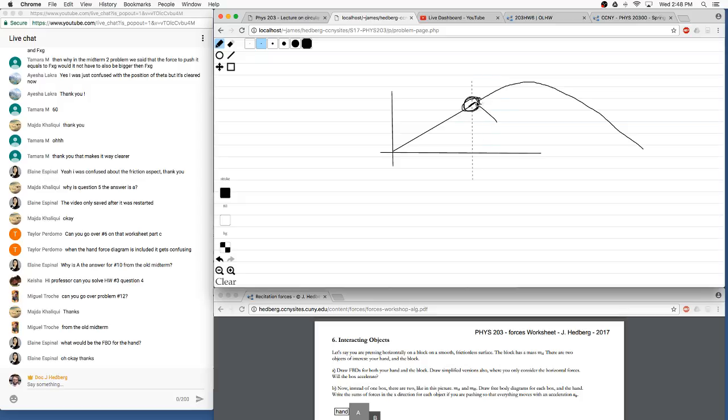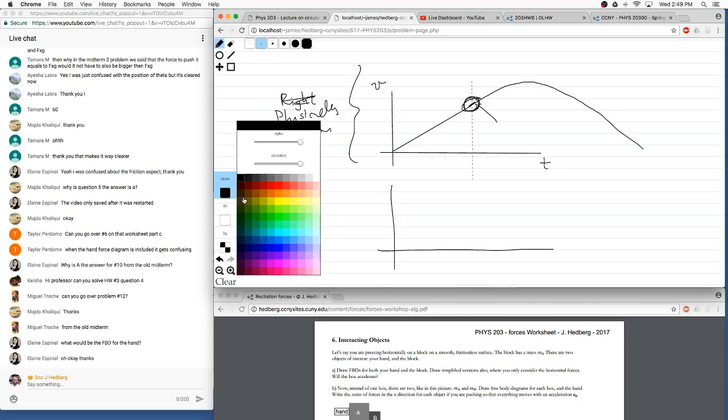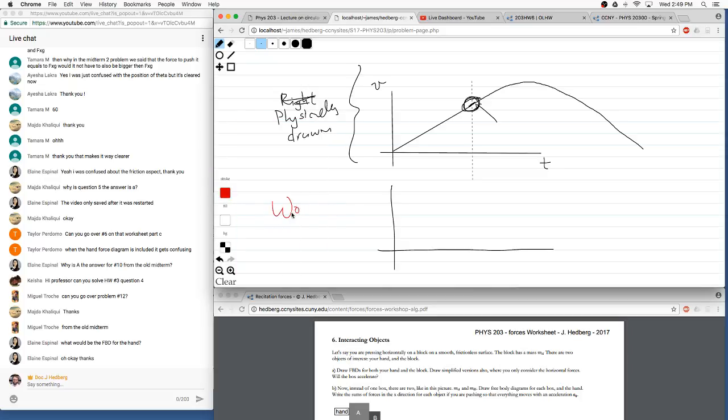If it didn't, then we would have a diagram that looked funny. Sorry, I should label my axes. That's V and T. This is the right, or I guess physically correct, drawing. This is wrong down here. I just want to make sure to get this clear. This is the wrong version. If you're going up at a constant, oh, no, sorry, that's not V, that's position.